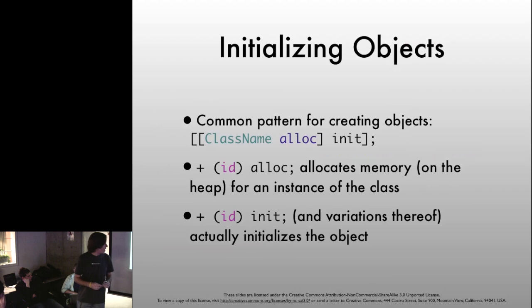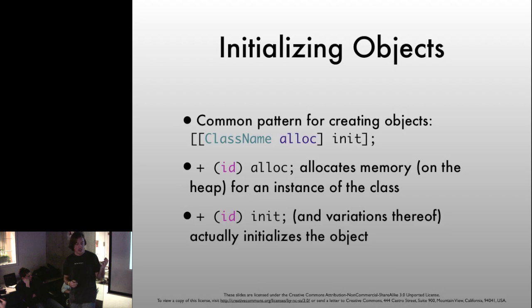Okay, so I think this is almost my last point: how to initialize Objective-C objects. There's a pretty common pattern for creating an Objective-C object, and it looks like this. It's the class name, then a class message called alloc, and its job is to allocate space on the heap for your object. It doesn't do anything else. It just makes space and gives you a pointer to the space in memory that your object is going to live on the heap.